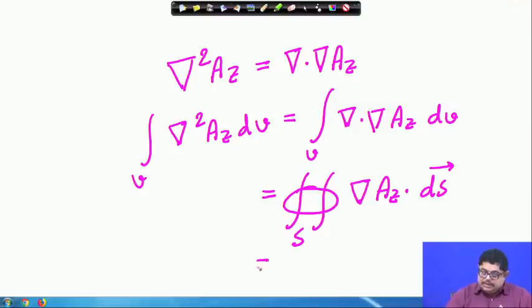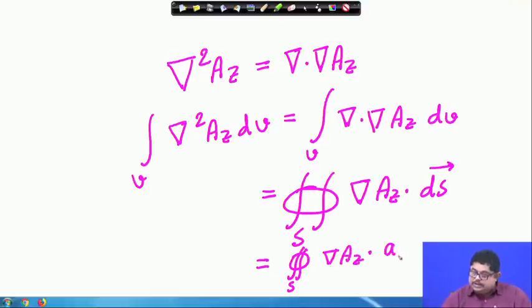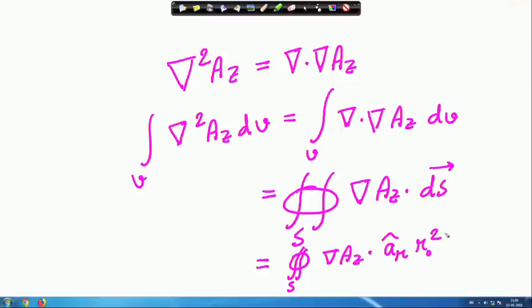Now, what is the ds vector? In spherical coordinates, the ds vector is ar r naught square sin theta d theta d phi.